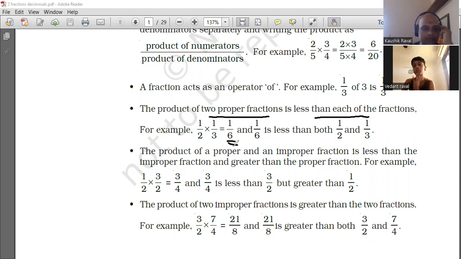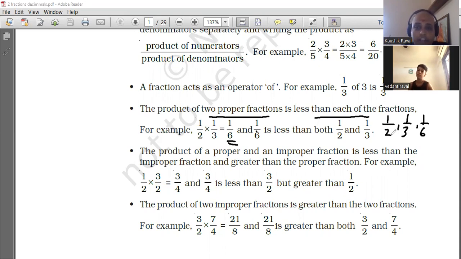It's very easy. When you have this kind of example, 1 by 2, 1 by 3 and 1 by 6, all the numerators are 1. Denominators are different, right?